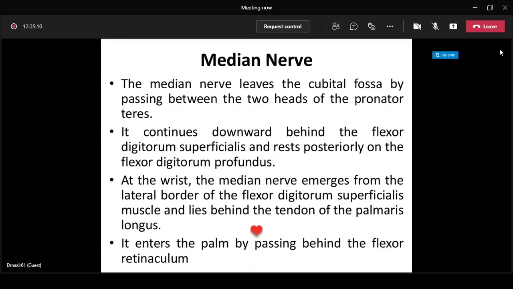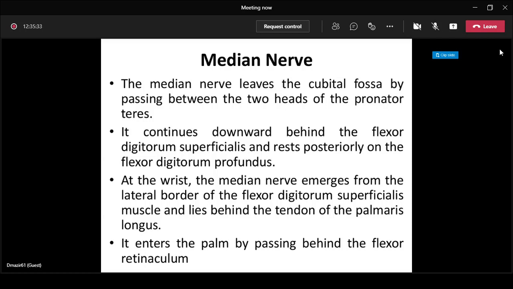Okay, now we are moving towards the median nerve. We trace the brachial plexus by locating the median nerve from its firm cord-like feel.